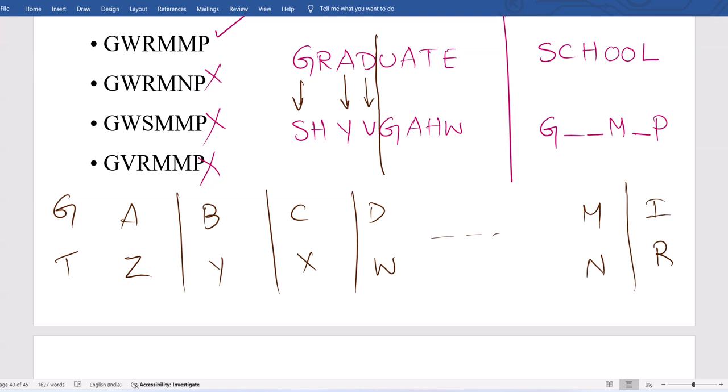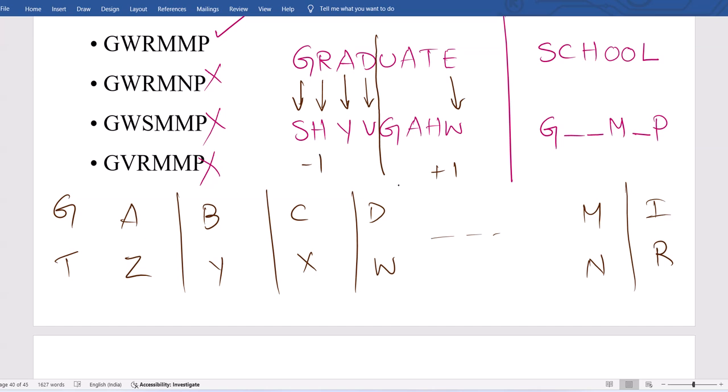R's opposite pair is I, before letter H. Opposite pair is the before one. Now E, sir, what about this one, sir? E's opposite pair is V, EV, electric vehicles. You can remember like that. Electric vehicles, E's opposite pair is V. V's next letter is this. This is plus one.